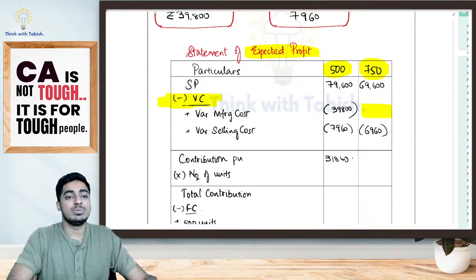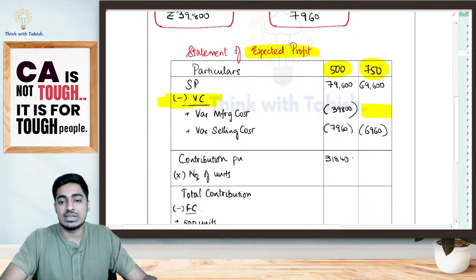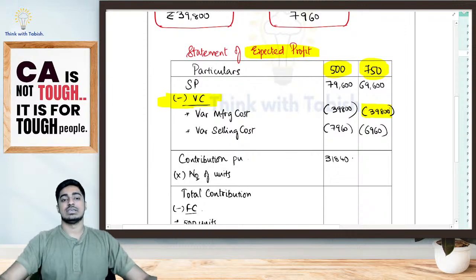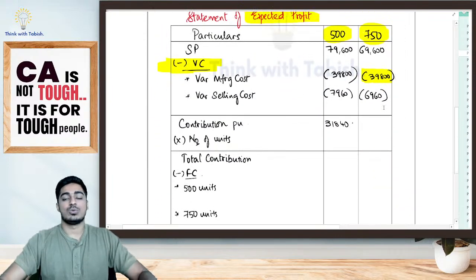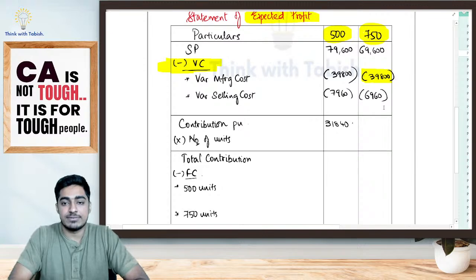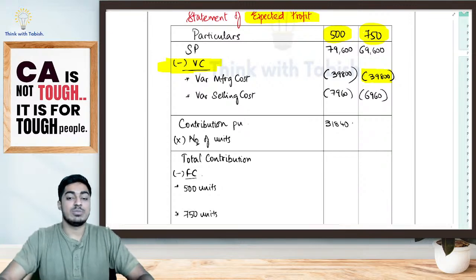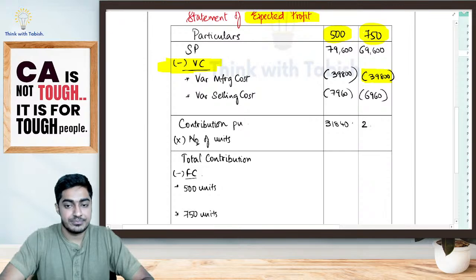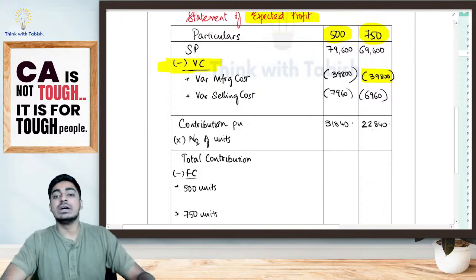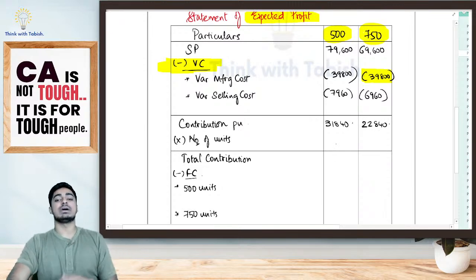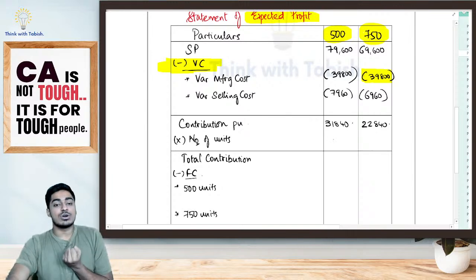So what is going to be my variable manufacturing cost here? It will be 39,800. Now what is the contribution if I am selling 750 units, students? 769,600 minus 39,800 minus 6,960. I will be getting 22,840 per unit. If I am selling 500 units, per unit I have got 31,840 contribution.